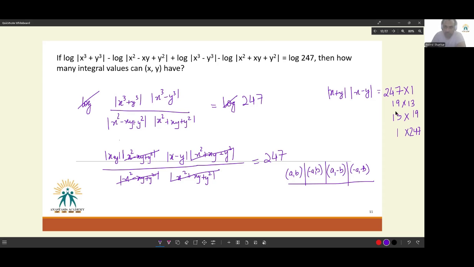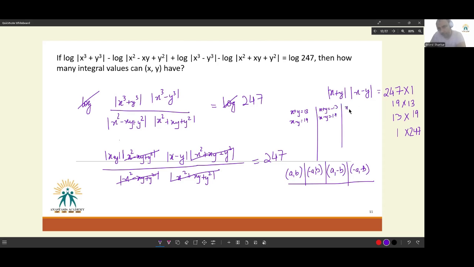In order to visualize it, I'm going ahead and showing you for, let's do it for 13 and 19. So x plus y being equal to 13 and x minus y being equal to 19, one case. Another case, x plus y being equal to minus 13 and x minus y being equal to 19.